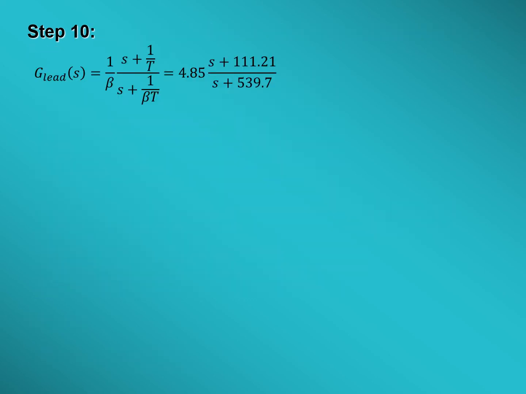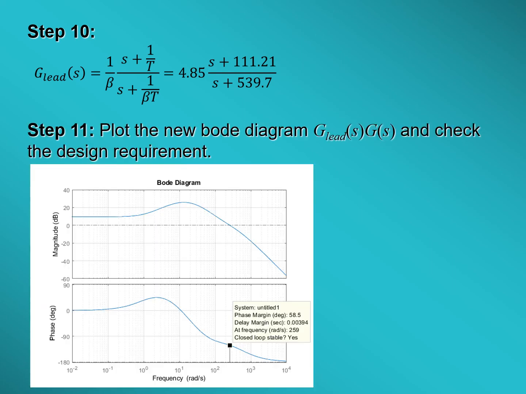Step number 10, you can complete the transfer function of the G lead. And step number 11, you plot the Bode diagram again. For the new Bode diagram, you need to consider the G lead and also the G of s. Next, check the design requirement.